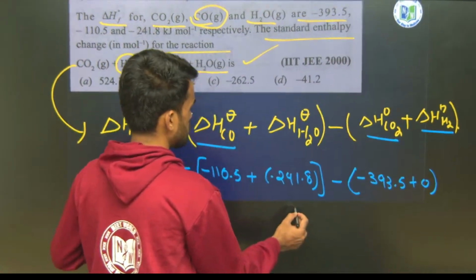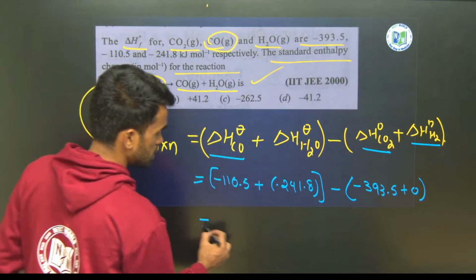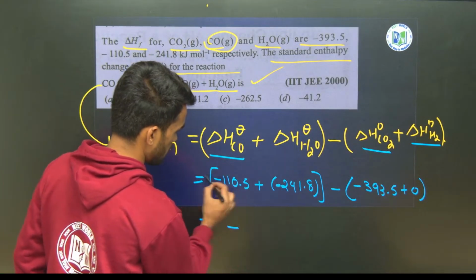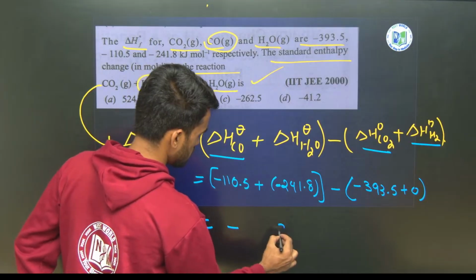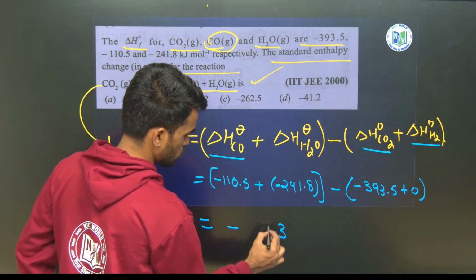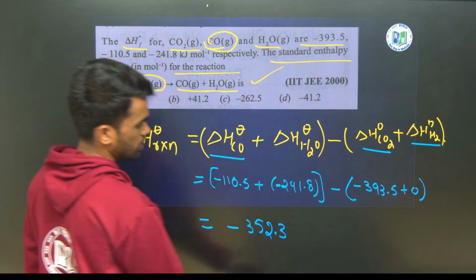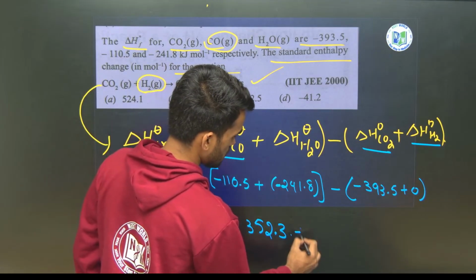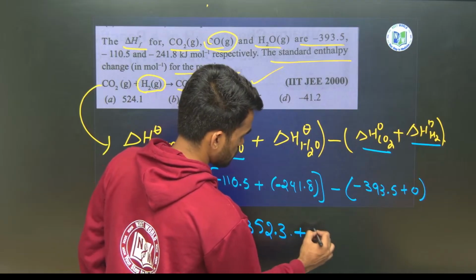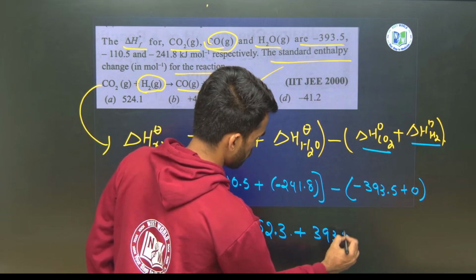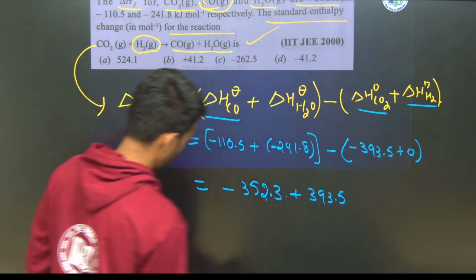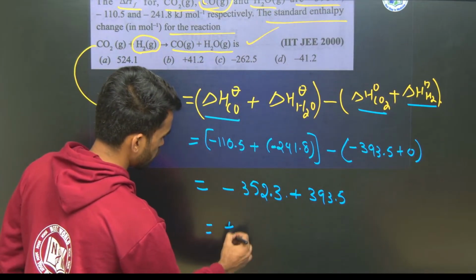Let us calculate this. Both are minus, so add them: minus 352.3 plus 393.5. Try to simplify this, you can have a value with a plus sign.